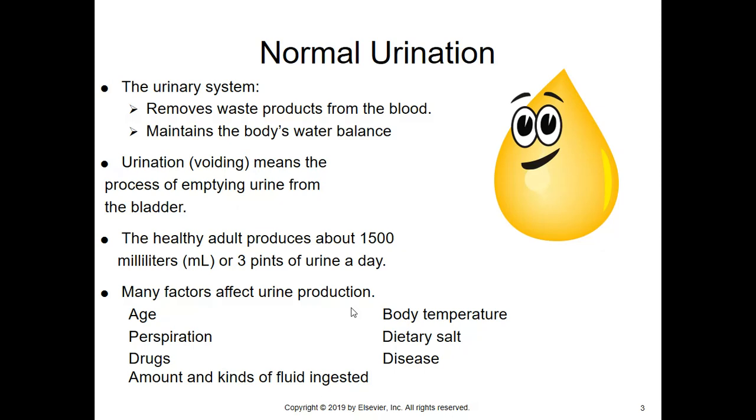Drugs: there are all different kinds of drugs that affect the urine. Prescription drugs. I do home health, so I take care of people that have heart failure, and I teach them how to balance the fluids. When you have heart failure, your heart is already having a hard time working. So we have to teach them how to be careful about their fluid intake and make sure that the urine is a good amount and equal.